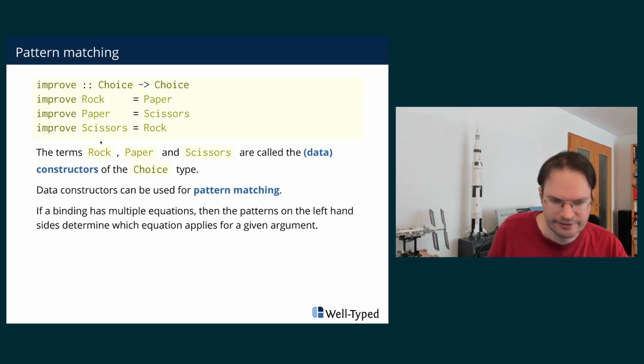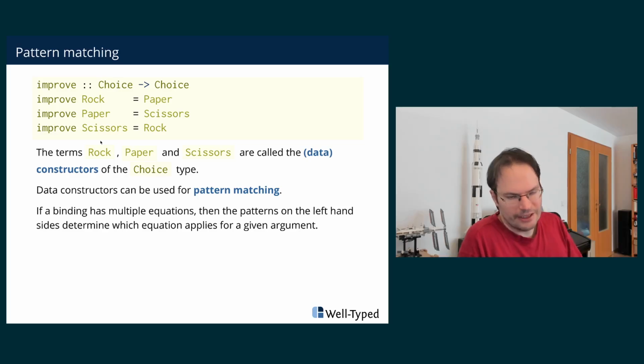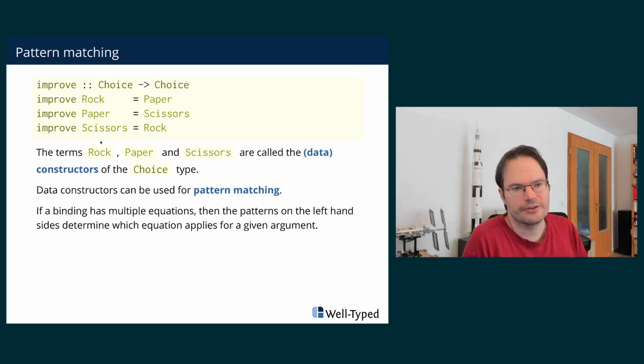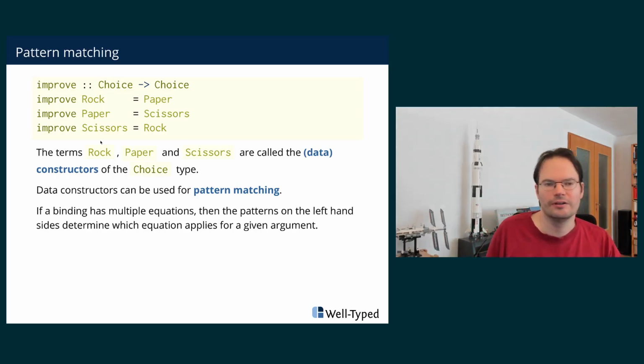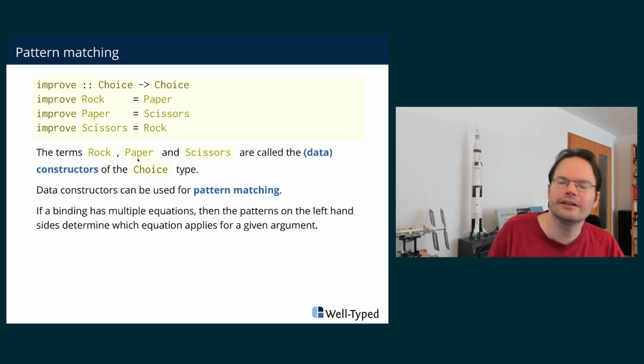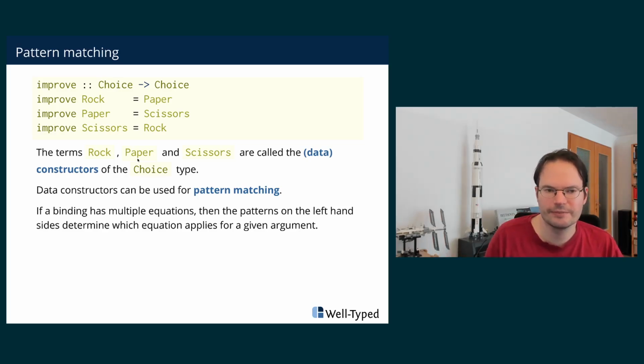And in this case, for the choice data type having very simple shapes, only 3 possible values, pattern matching is trivial. If I call improve with rock, then the first equation matches. If I call improve with paper, then the second equation matches. If I call improve with scissors, then the third equation matches. And then depending on the matching equation, that equation is being used and the corresponding right-hand side is being returned.